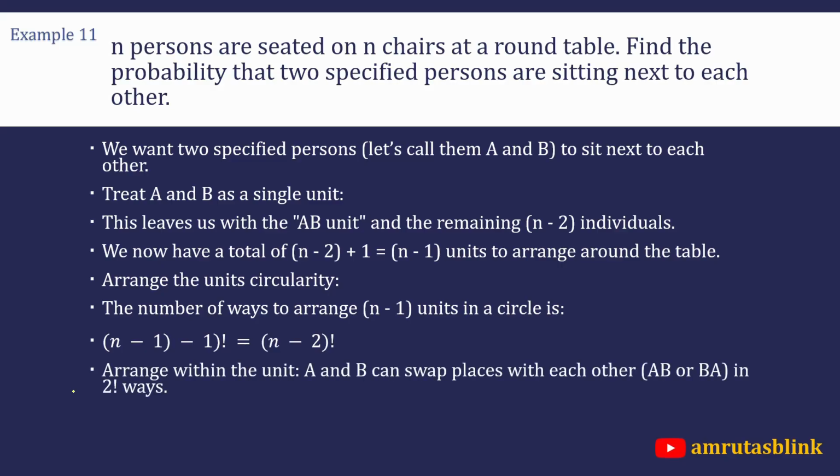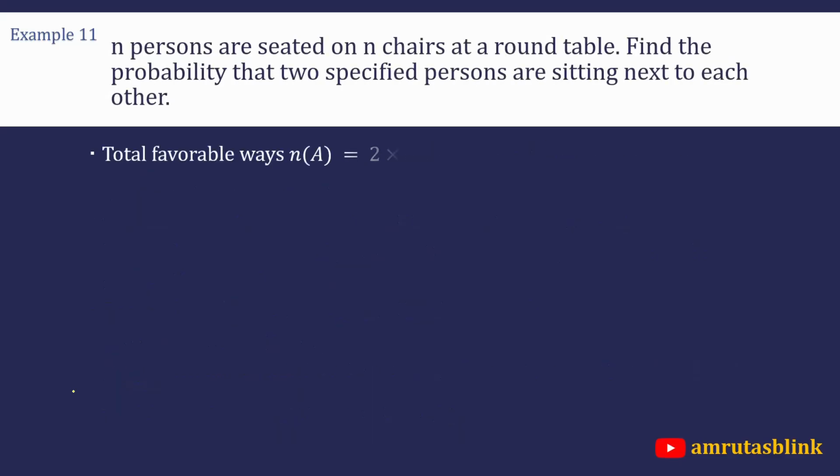But again this A and B also can swap their places, that's why we have to multiply this n minus 2 factorial by 2 ways. So total number of favorable ways, n of A, is 2 into n minus 2 factorial.